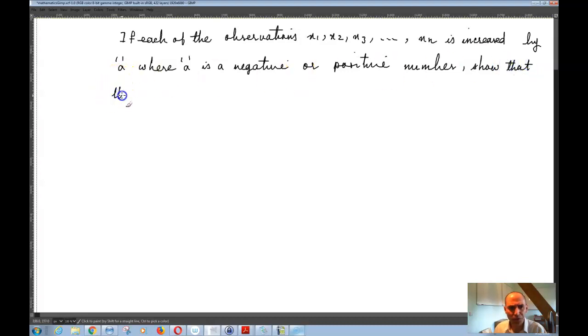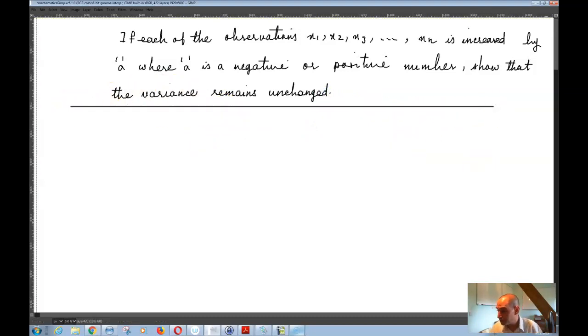Okay, so in order to solve this problem, you can say that as a solution, if each of these observations is increased by a, where a is a negative or positive number, then we want to show that the variance remains unchanged.